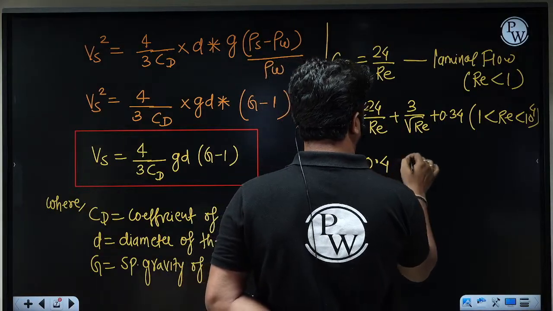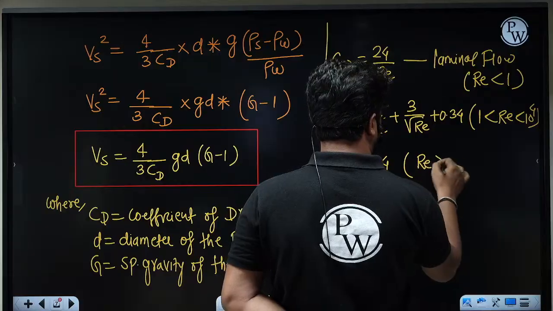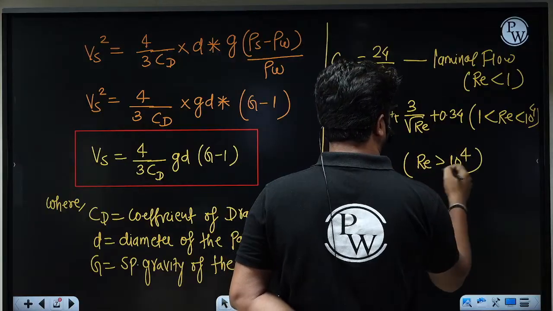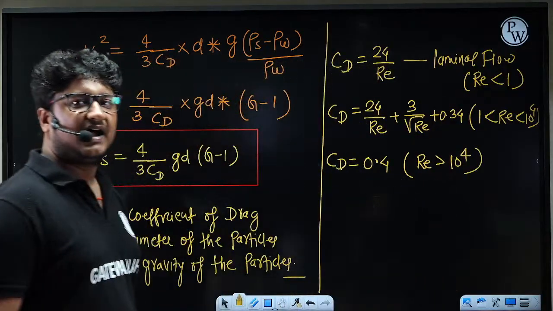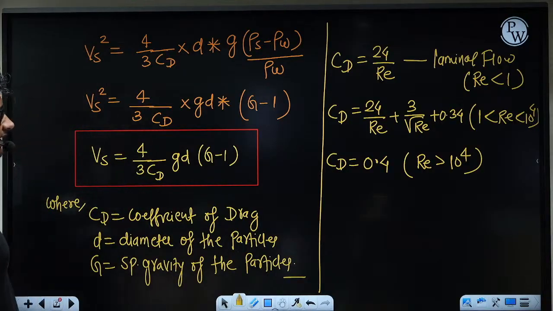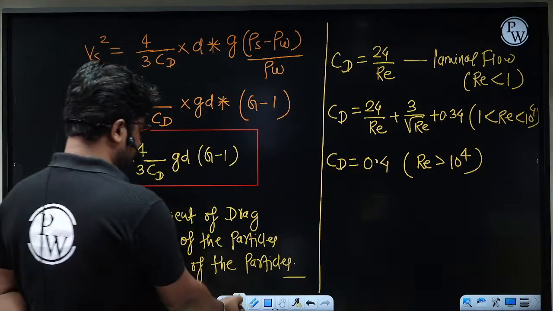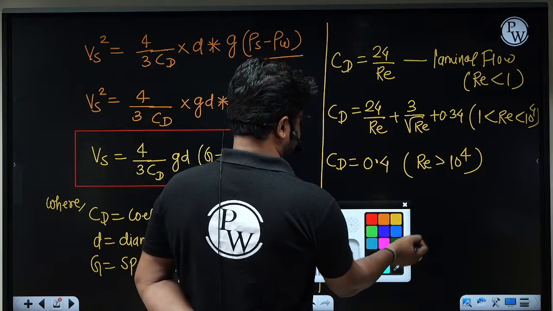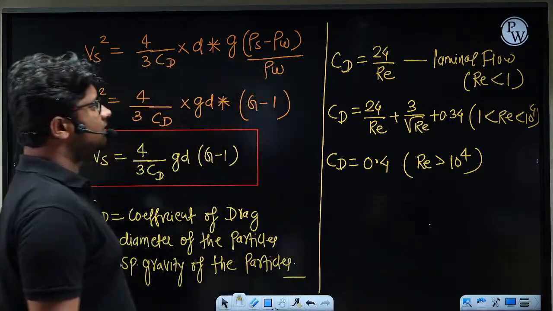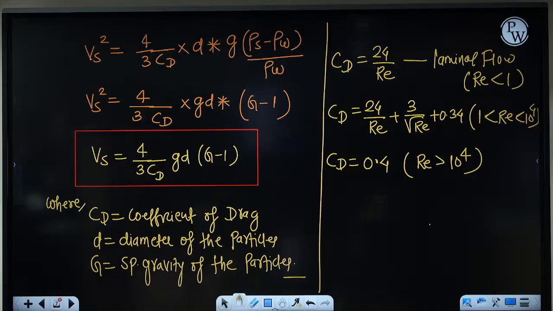CD is equal to 0.4 when Re is greater than 10 to the power 4. Clear?